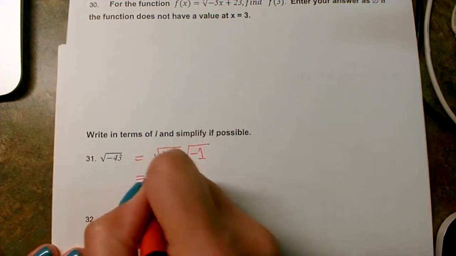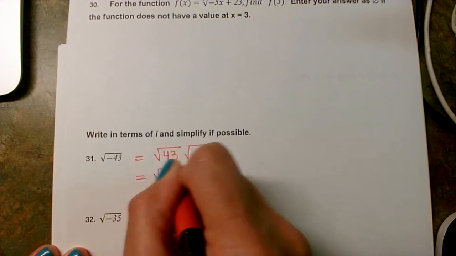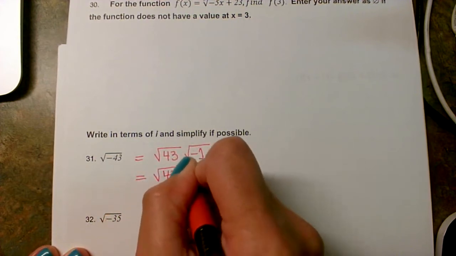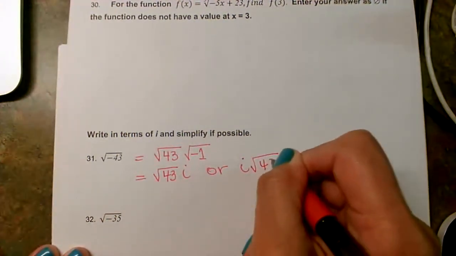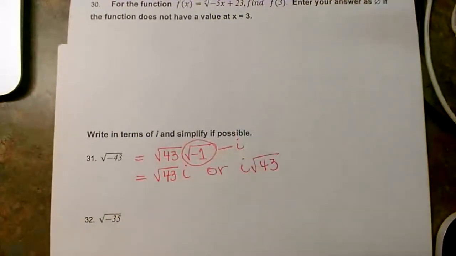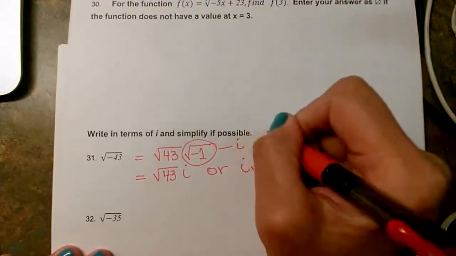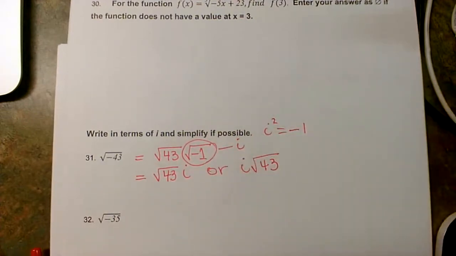And how do we write this? We could write it as 43i or i square root of 43. Remember, this is equal to i. And i squared is equal to negative 1.